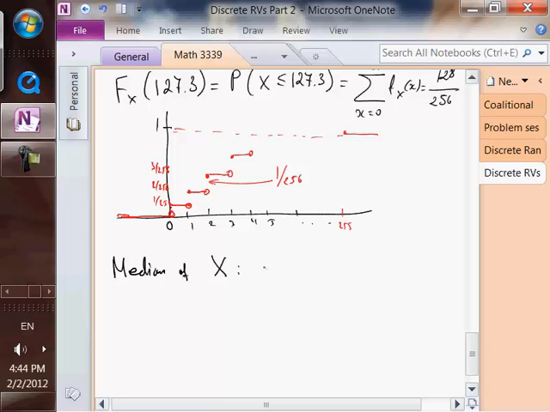We call it Q50 because it's the 50th quantile. The median is defined by the following equation. It's the point where the distribution function takes the value 0.5. So that's the median.